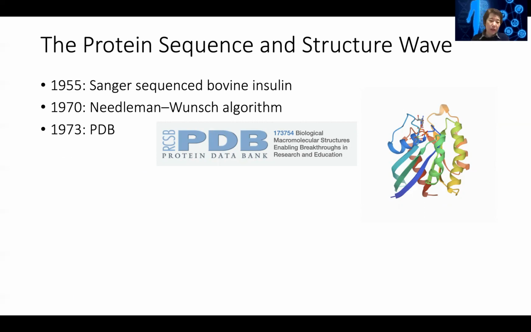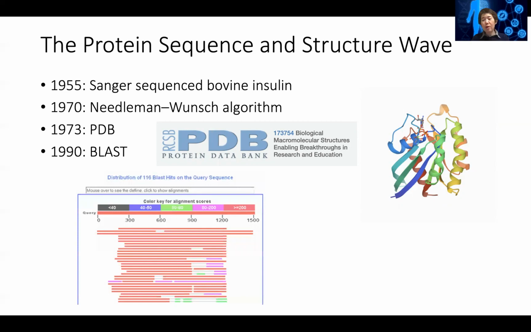As more and more sequences become available, doing pairwise sequence alignment becomes very expensive. Therefore, there are databases available to store all the publicly available or newly sequenced protein sequences, and there are algorithms for doing faster searches.